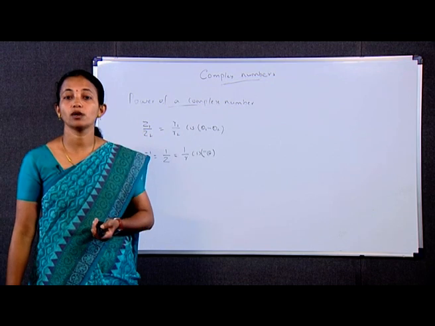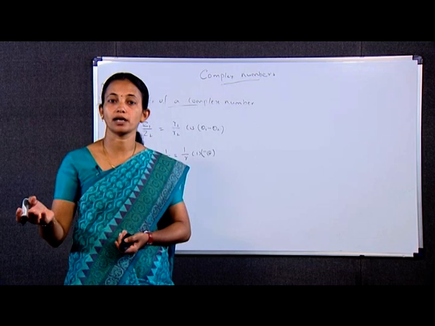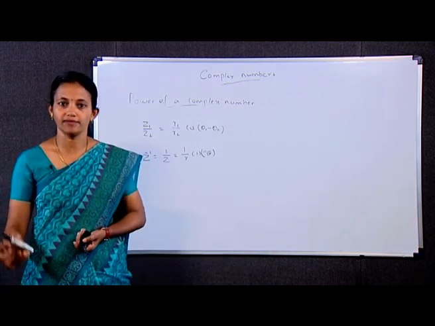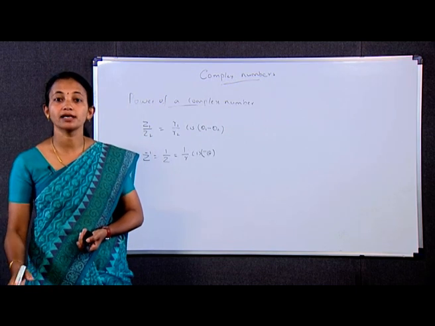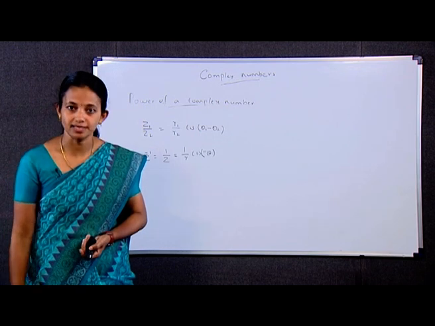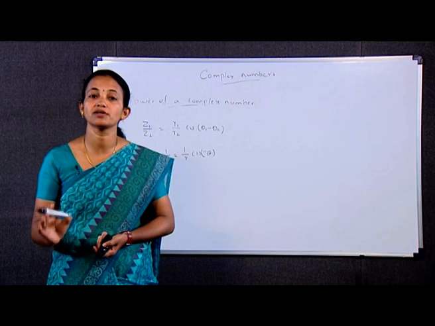Using this, we are going to obtain the expression z raised to n equal to r raised to n (cos n theta plus i sin n theta) for negative values. That is, if n is equal to minus 1, minus 2, etc., then with m equal to minus n, we define z raised to minus m in terms of the multiplicative inverse of z.